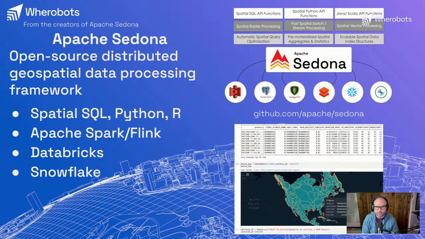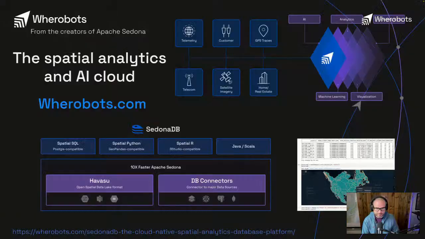Also being able to work with raster data and extending the SQL functionality that we typically work with in these environments to add spatial functionality. We can also work with Apache Sedona in Python or R. Lots of options there, but really the core idea is large scale spatial analytics.